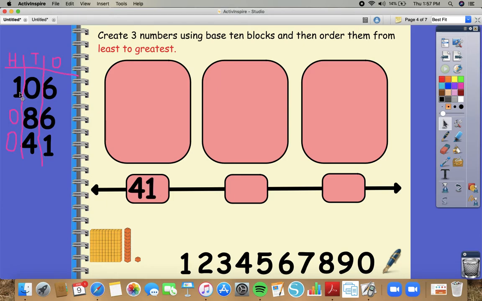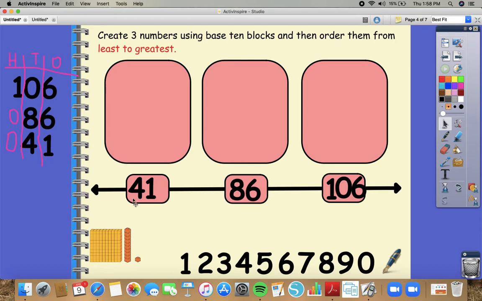All right, so then we have 106 and 86. So we look at our hundreds place value, 1 or 0. Well, that's easy. We know our 0 is smaller than 1. So our next number is 86. And that leaves our last one, 106.